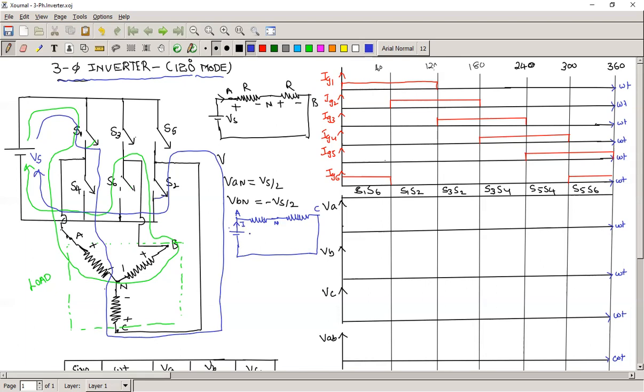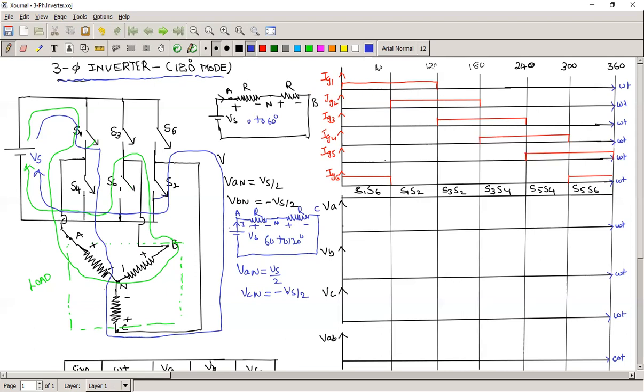This is I, this is Vs, this is R, this is R. So in this case, this is 0 to 60 degrees, and this is 60 to 120 degrees. So VAN voltage equals Vs by 2. Then VCN voltage equals minus Vs by 2 because it is after the neutral.